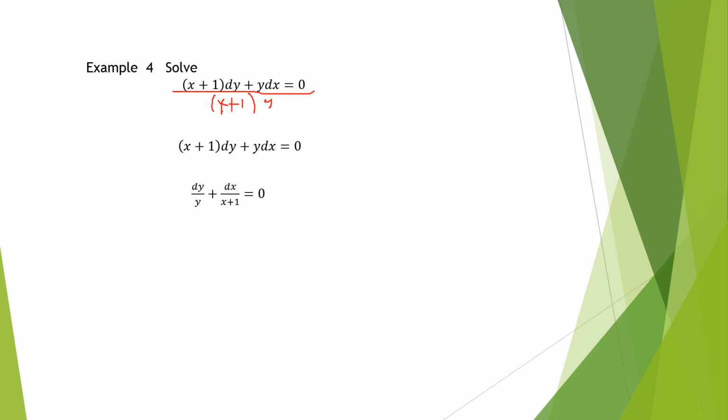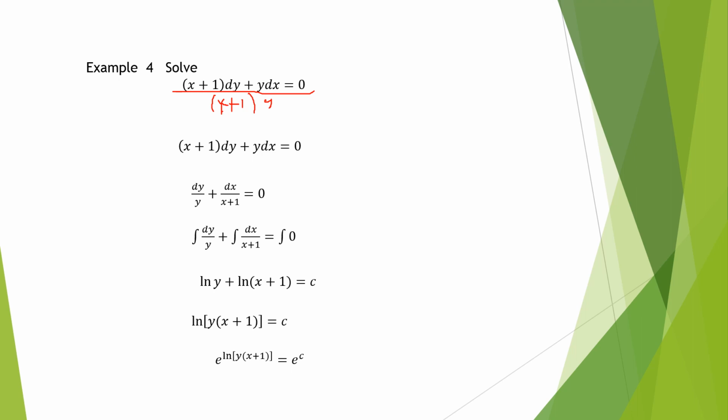Then you can integrate both sides. What's the integral of dy over y? That's ln of y plus ln of x plus 1. The integral of 0 is a constant. You can combine that using the properties of logarithm. The addition becomes a product inside the logarithm. This is ln of y times (x + 1) equals c, and then removing the ln, raise e to both sides.